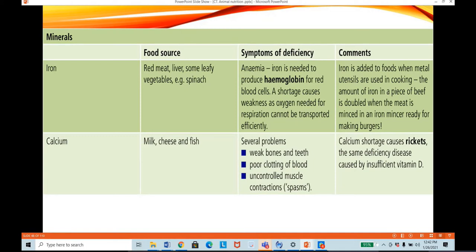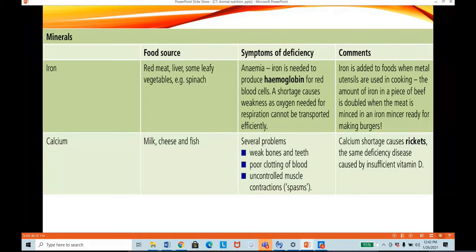A shortage causes weakness as oxygen needed for respiration cannot be transported efficiently. Comments: iron is added to foods when metal utensils are used in cooking. The amount of iron in a piece of beef is doubled when the meat is minced in an iron mincer ready for making burgers. Should I continue? Yes, please.